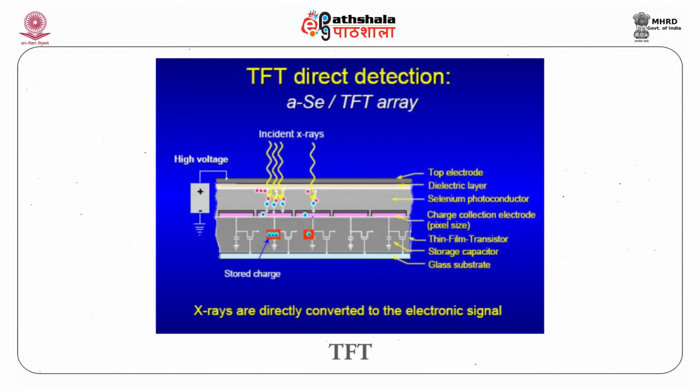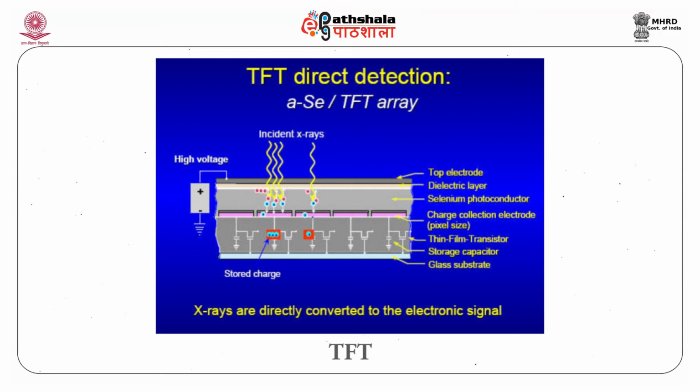Here we see an illustration of a TFT direct detection amorphous selenium TFT array and how it is working. First, a high bias voltage is given to the top electrode and there is a dielectric layer. After that, there is a selenium photoconductor.